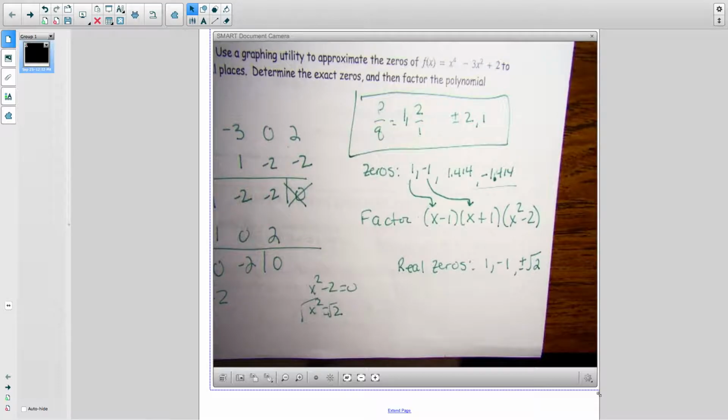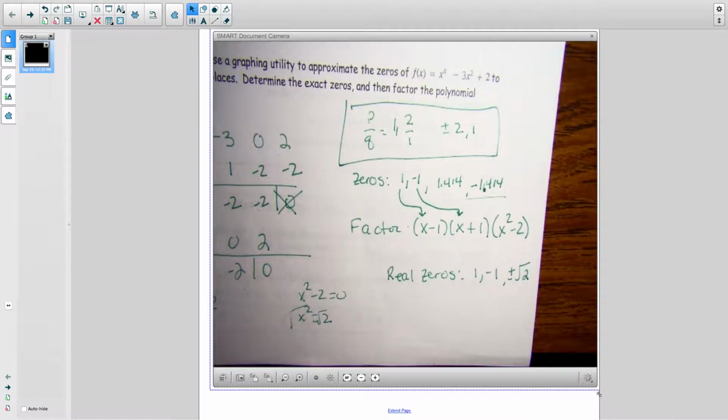Questions on that one? Synthetic division is going to come into play again, using these to find where the zeros are.